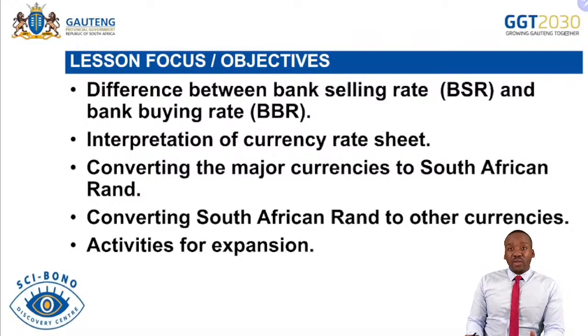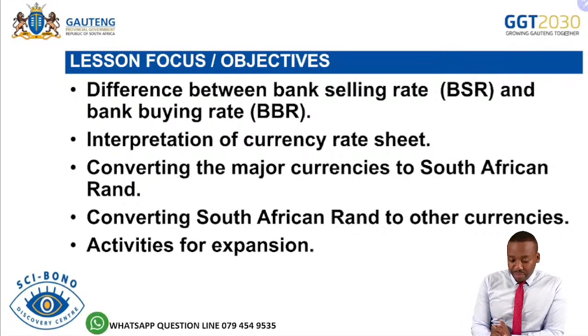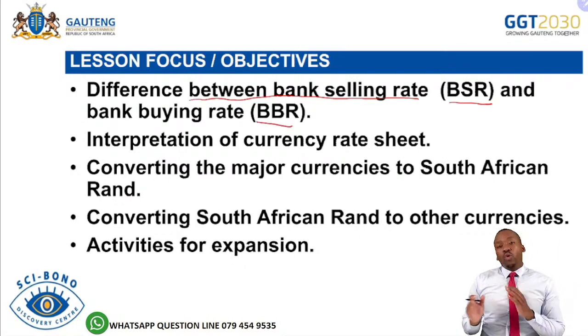The lesson focus objectives for today. Today we are going to be learning about 2 new concepts, which are bank selling rate or BSR and also bank buying rate, also known as BBR, right? So you're going to learn the difference between the bank selling rate and the bank buying rate.